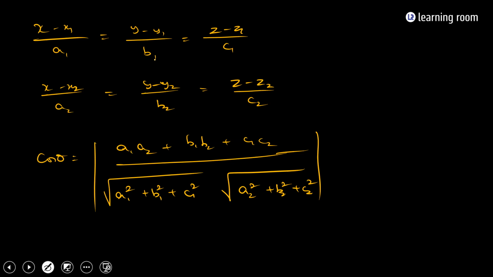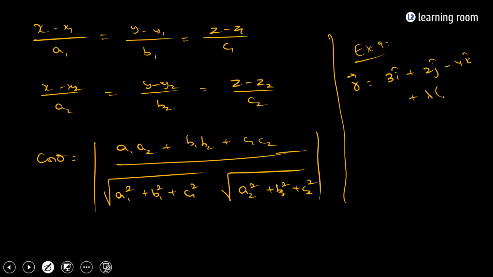Okay, is it clear? Now if I see example 9, then R vector is given as 3 I cap plus 2 J cap minus 2 K cap plus lambda times I cap plus 2 J cap plus 2 K cap.